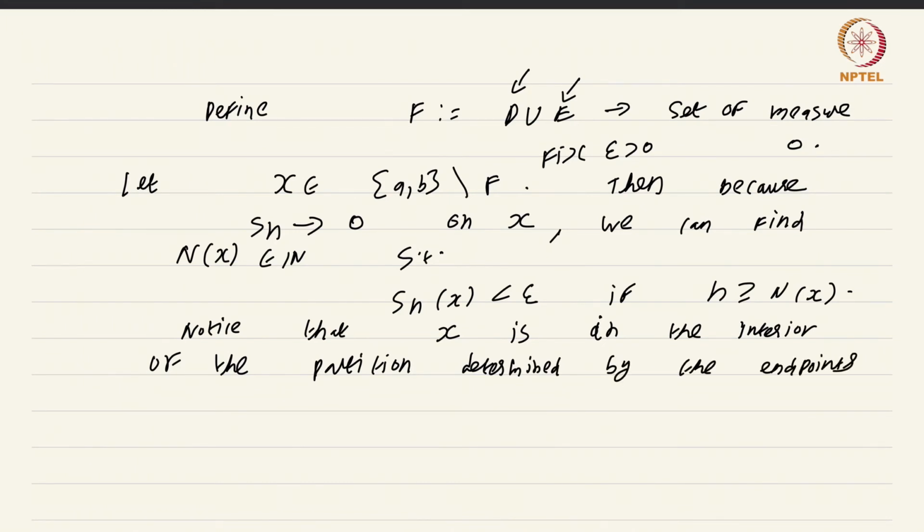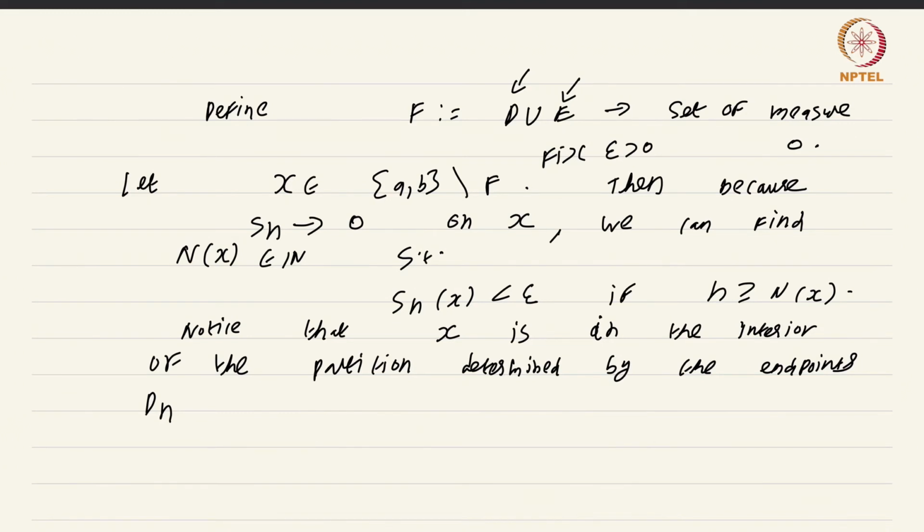Right, we started off with the partition, all the endpoints we call Dn and put them separately in this set D, which we eventually put in the set F. This X is coming from AB minus F. That means in the partition determined by Dn, this X has got to be one of the interior points. It cannot be the endpoint of one of the subintervals.